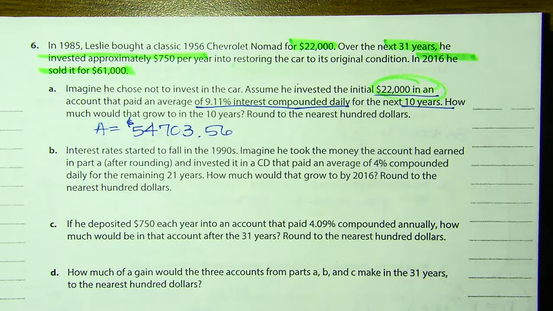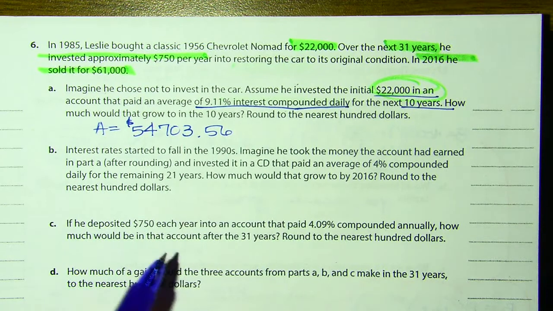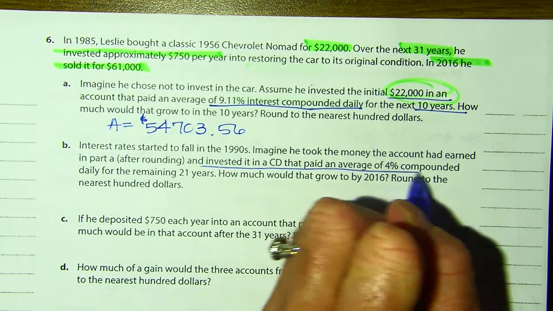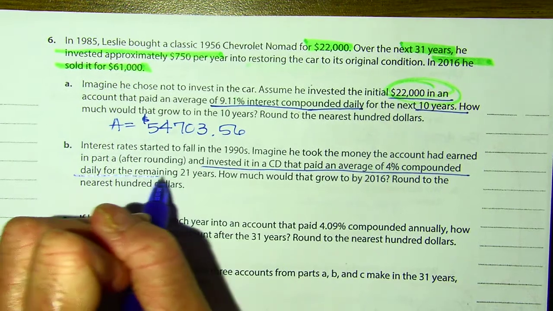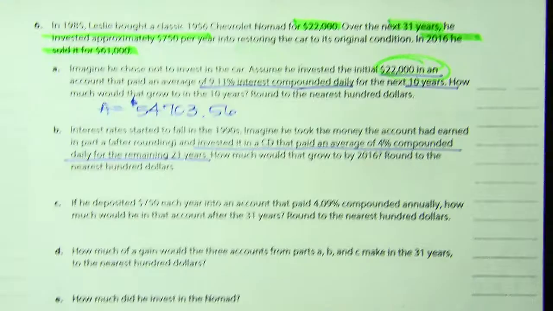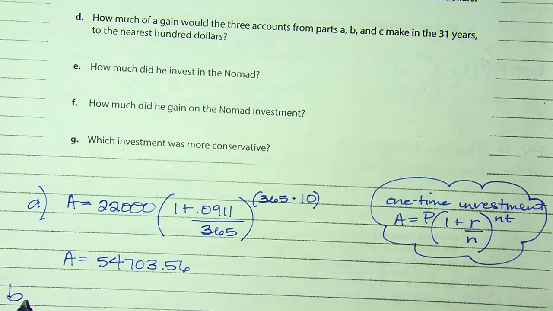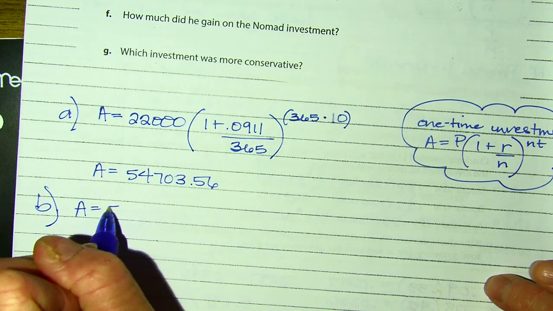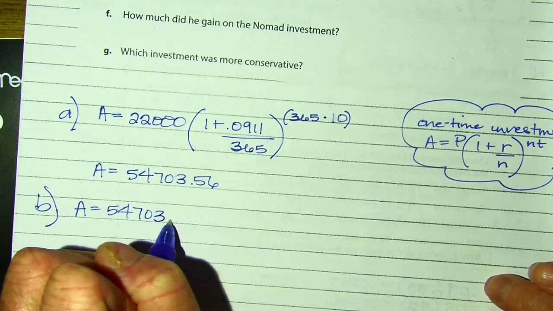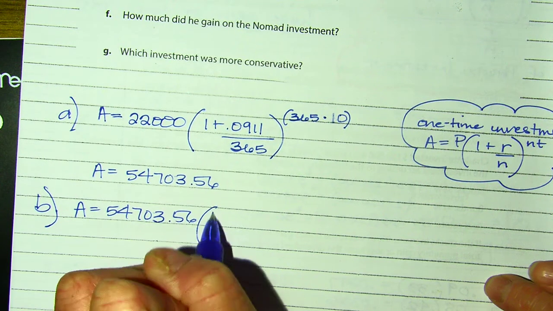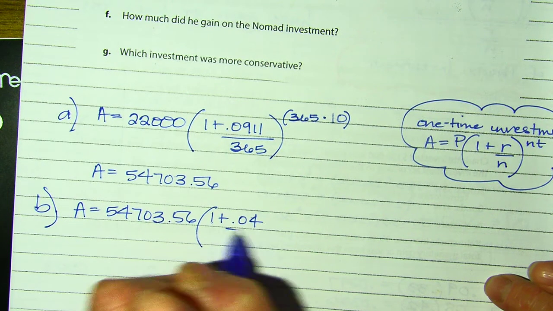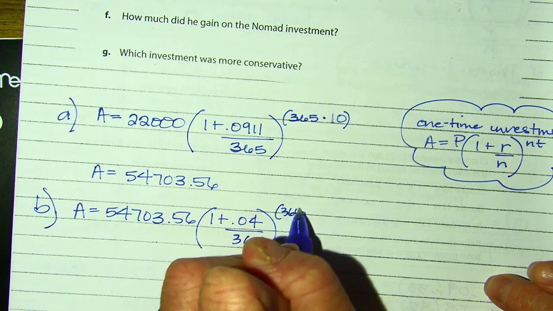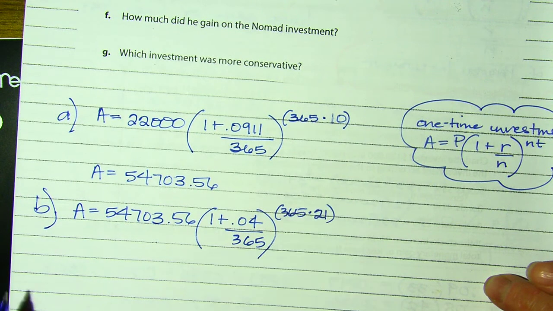In B, interest rates start to fall, so he takes that money out and he invests it in a CD that only paid 4% compounded daily for the remaining 21 years. So I'm now taking the amount I earned in part A, $54,703.56 times 1 plus, but now I'm only earning 4%. This stays 365, but he said for the remaining 21 years.